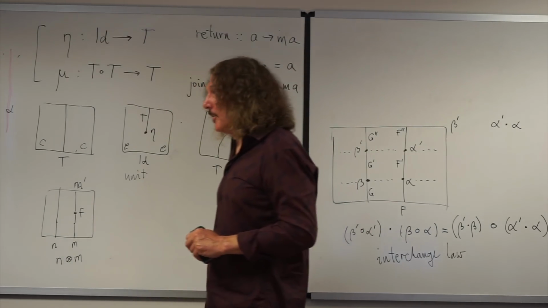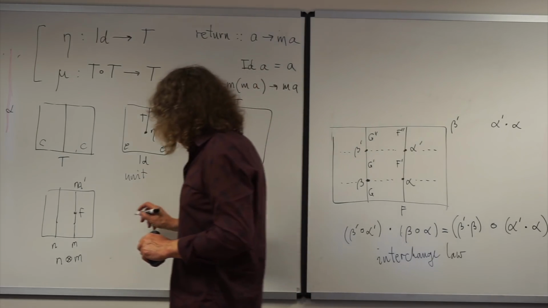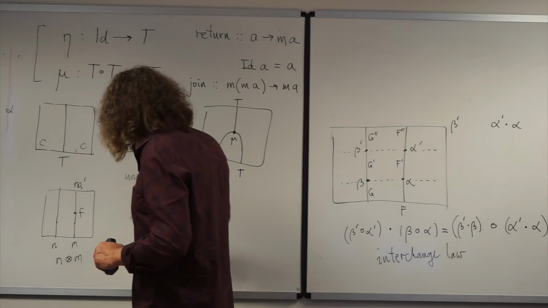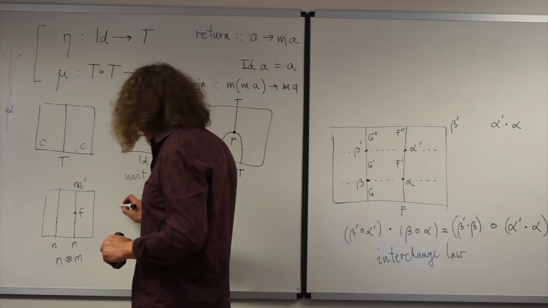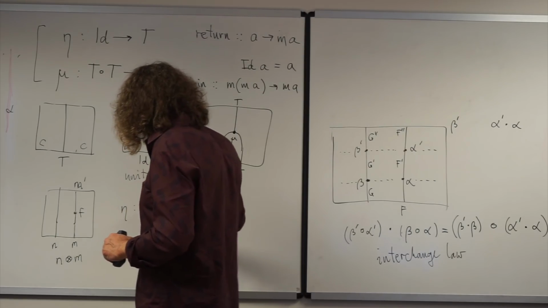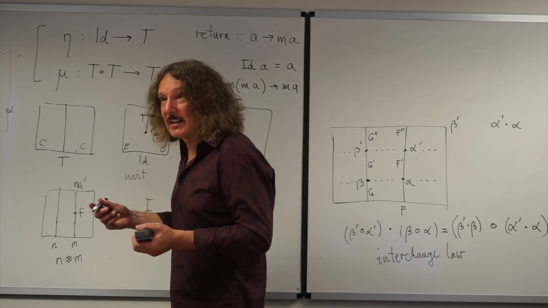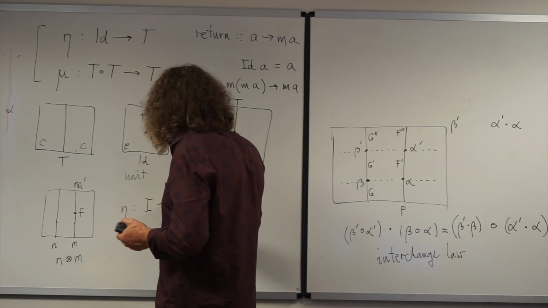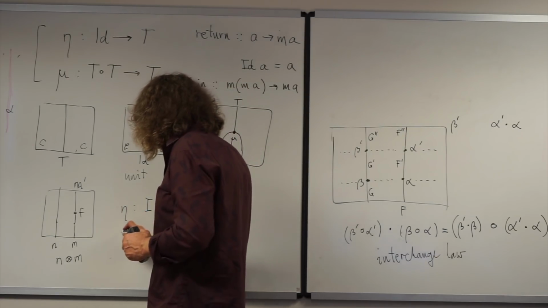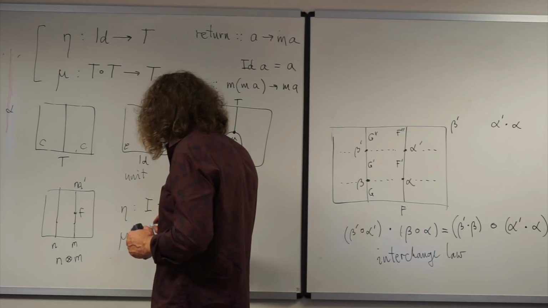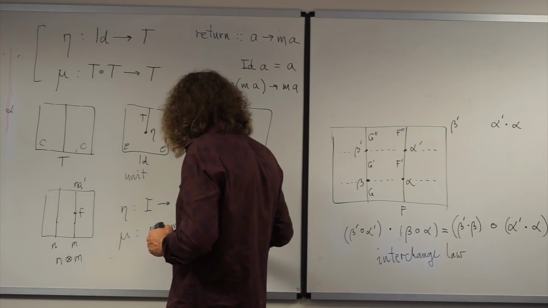So how do you define a monoid in a monoidal category? Well, first of all, you define two things. You define a unit, which is a morphism that goes from the identity, the unit object in a monoidal category, to this object M, that's your monoid. And you have multiplication that goes from M times M to M, right?